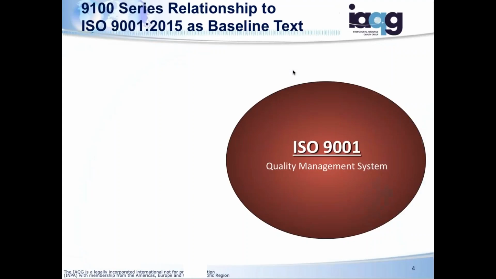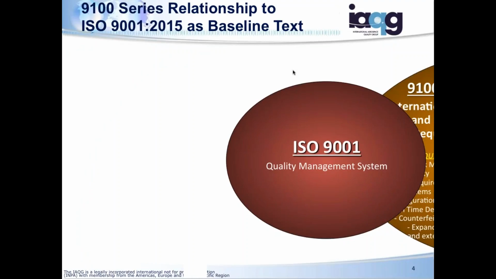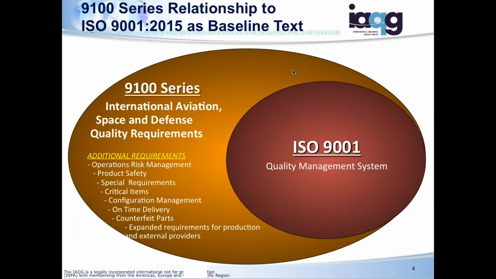So, introduction. Just want to remind everybody that the 9100 is based upon ISO 9001. ISO 9001 is a tremendous quality management system standard. I think about 1.2 million companies worldwide are currently certified to ISO 9001, so it is a good basis for the 9100.